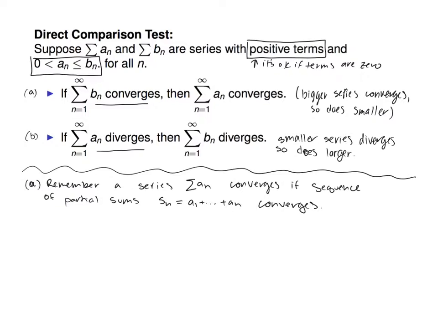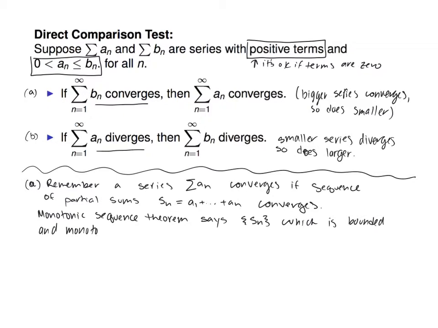Okay, and to prove this, we're going to use the monotonic sequence theorem. This says that a sequence S sub n which is bounded and monotonic converges.